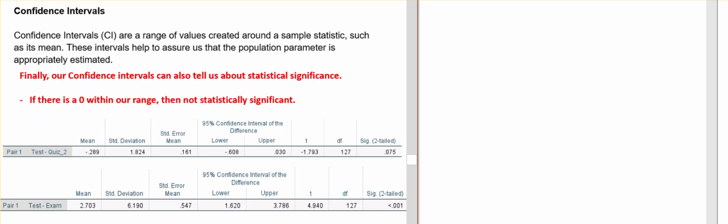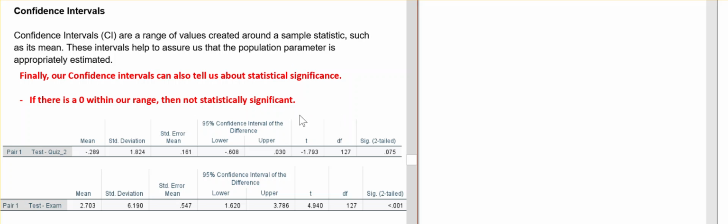In this case, let's say we have this SPSS output data, and we're comparing test to quiz scores, and we have a 95% confidence interval, and the lower limit is negative 0.608, and the upper limit is 0.03. And in this case, it crosses the 0.